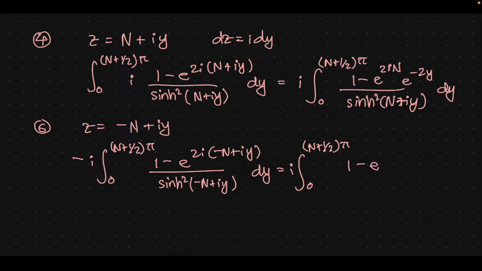We're going to have to take the limit soon, but not quite yet. e to the minus 2y divided by sinh squared of minus n plus iy dy. Fair enough.